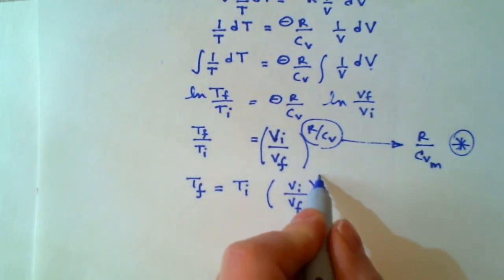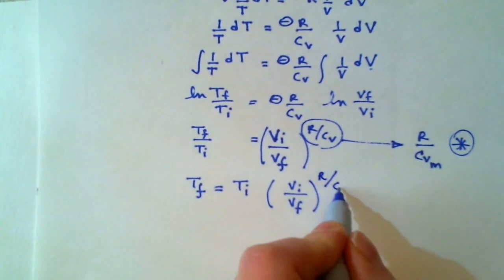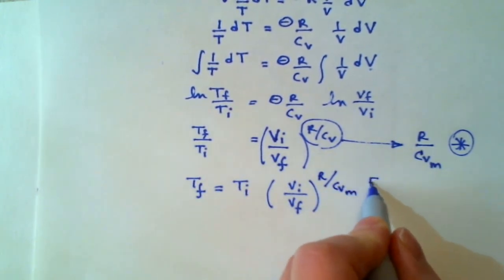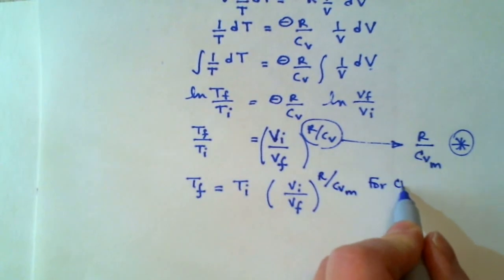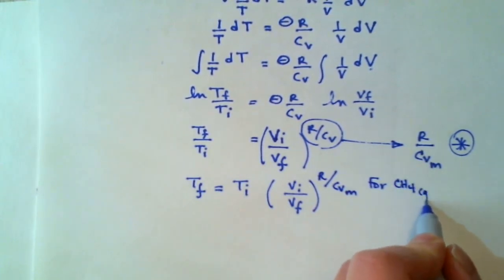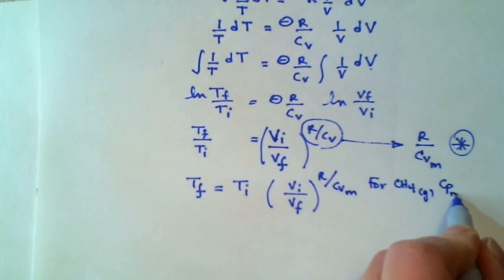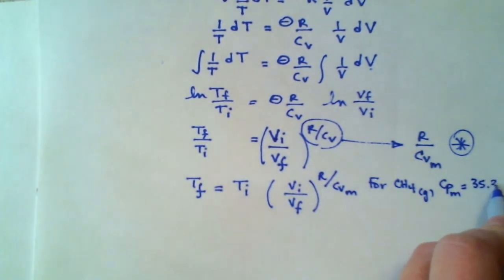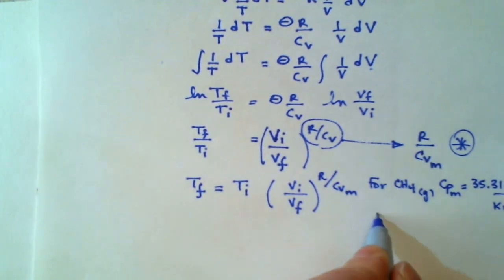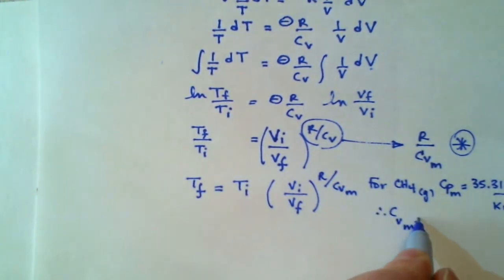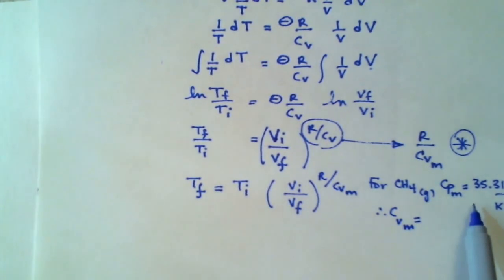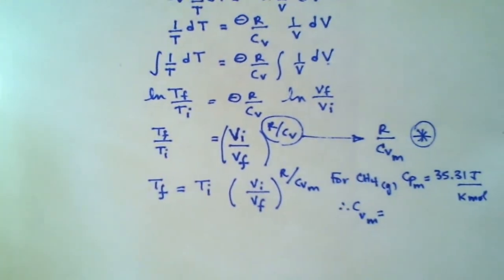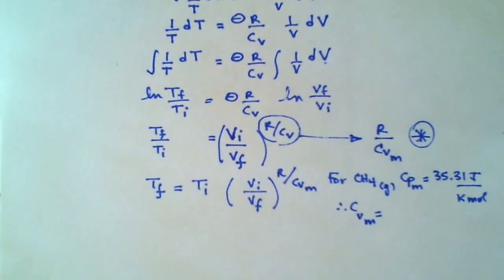But let's leave this as R over CV molar and just refer to our data sheet that for methane gas, we know that CP molar is given as 35.31 joule per K mole, and therefore CV molar is equal to CP minus R. So I'll just grab the calculator and take a value of R away from that.